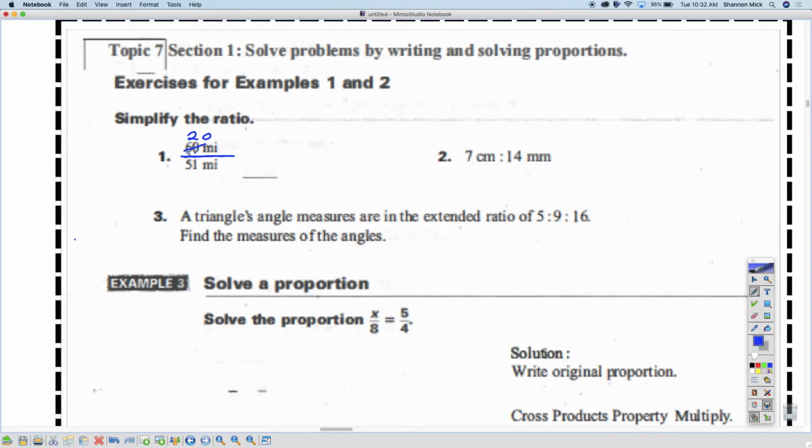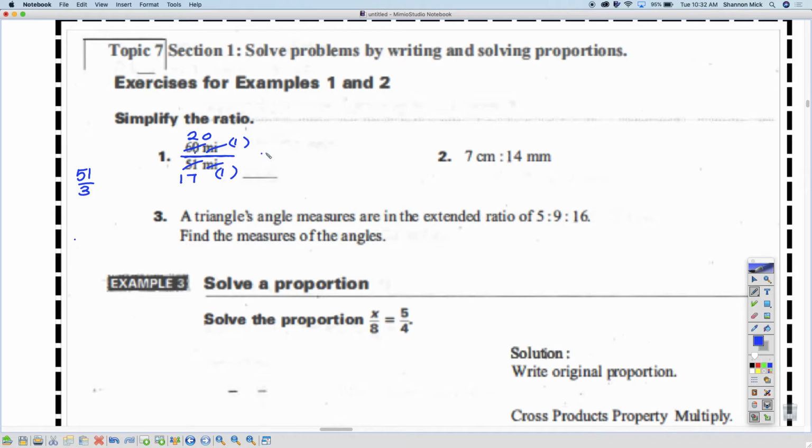And you have to divide 51 by 3, so 51 divided by 3 is 17. The 3 doesn't go anywhere. You're dividing both of them by 3. Now that gets rid of your miles.